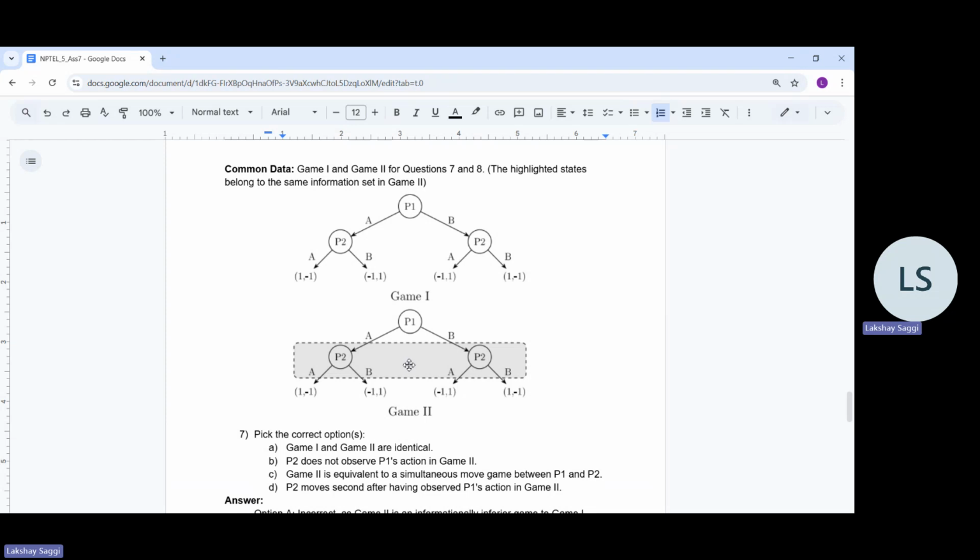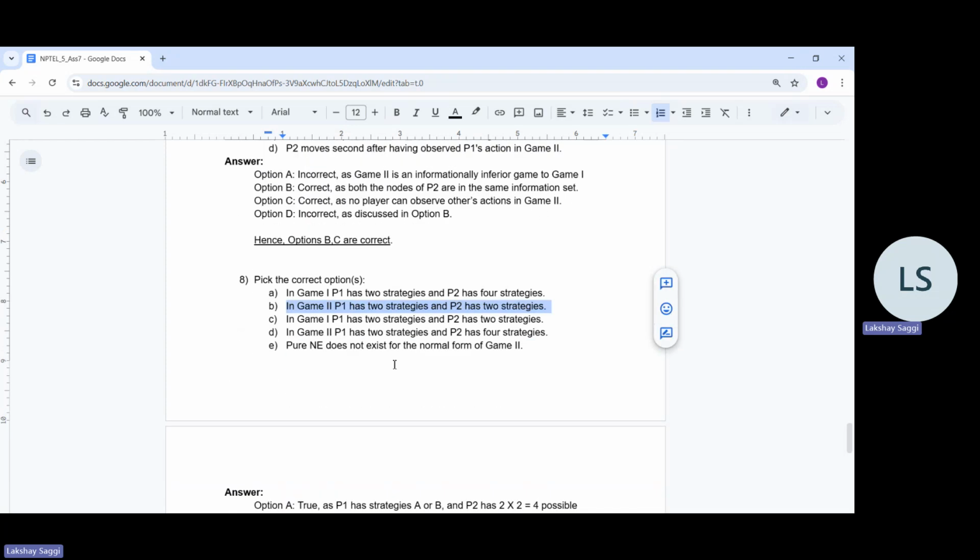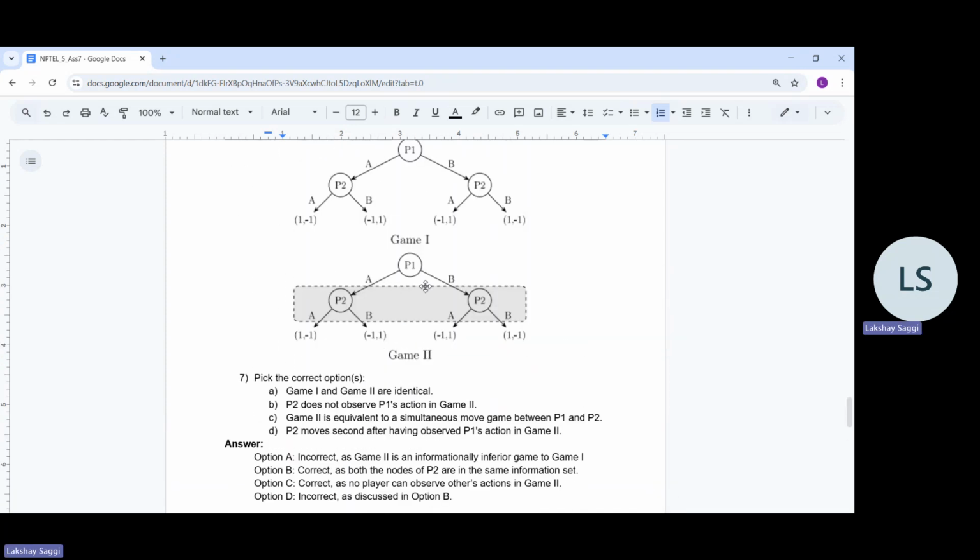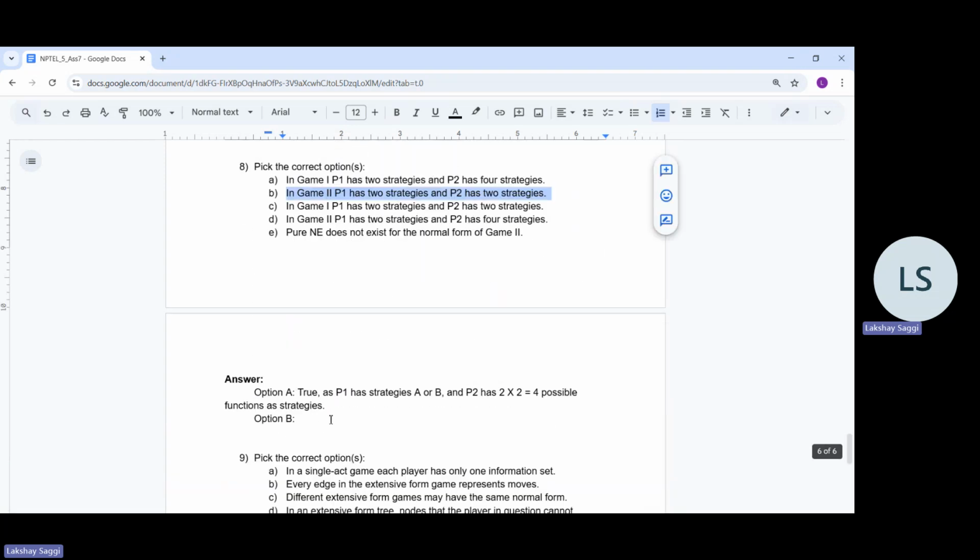P2 will have to play only A or B. So there are only two possible strategies for P2 now, because P2 cannot observe P1's actions. There are no functions, just these kinds of constant strategies for both player one and player two. So this is correct. So option B is true.